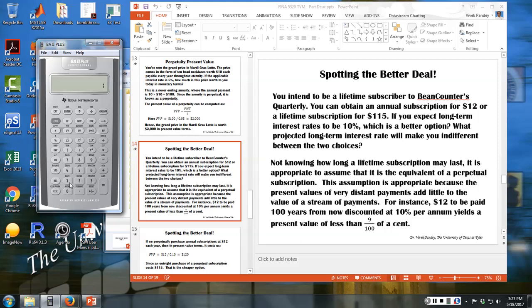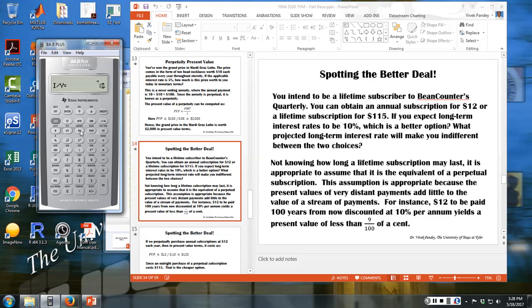Let's say $12 is future value, 100 is N, and 10 is I/Y, and then we want to find out how much that's worth today.